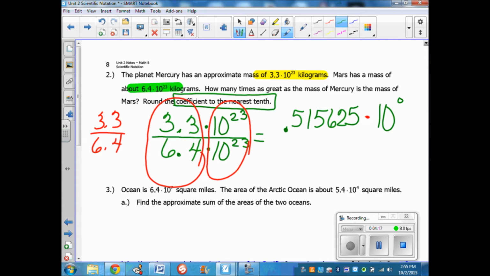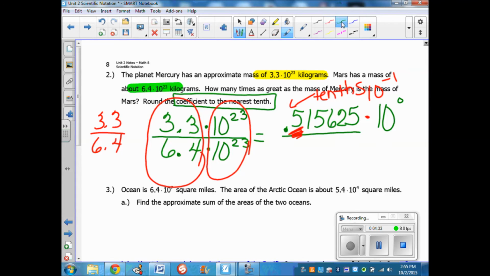And now let's look at this. This is not in proper scientific notation. What place value is that 5 in? That's in the tenths spot. So tenths means 10 to the -1.